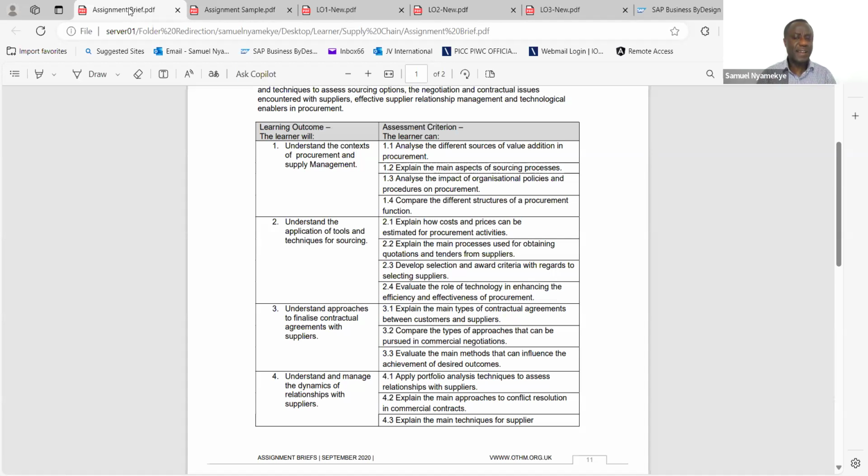Price is the initial one, but when it comes to cost, we are saying that it looks at so many other factors, apart from just the price.